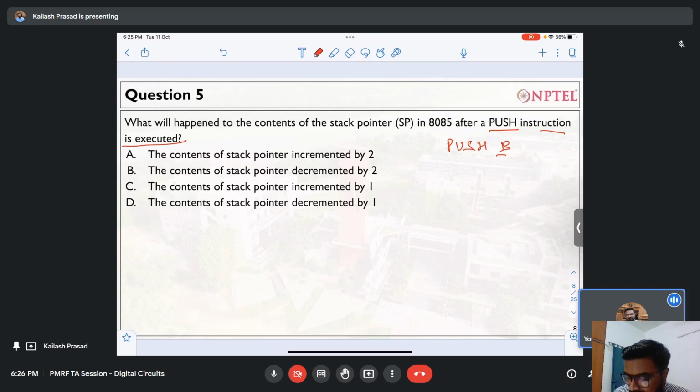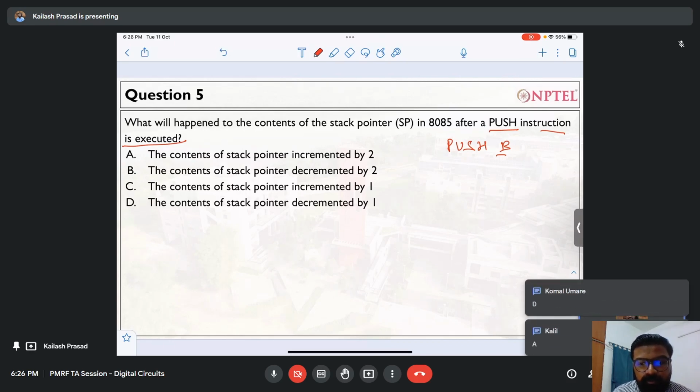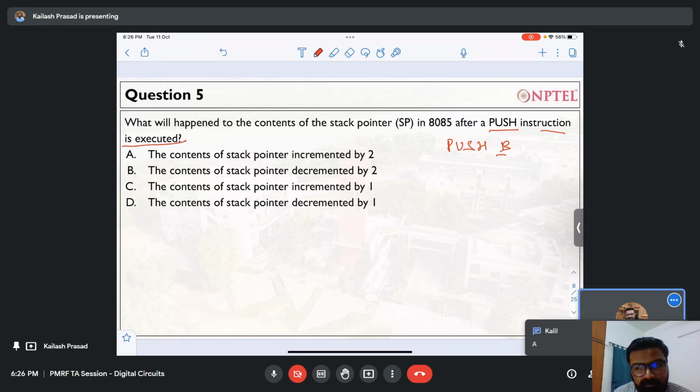The stack pointer will be incremented by 2, decremented by 2, incremented by 1, or decremented by 1. Komal is saying D, Khalil is saying A. What about others? Any other option?